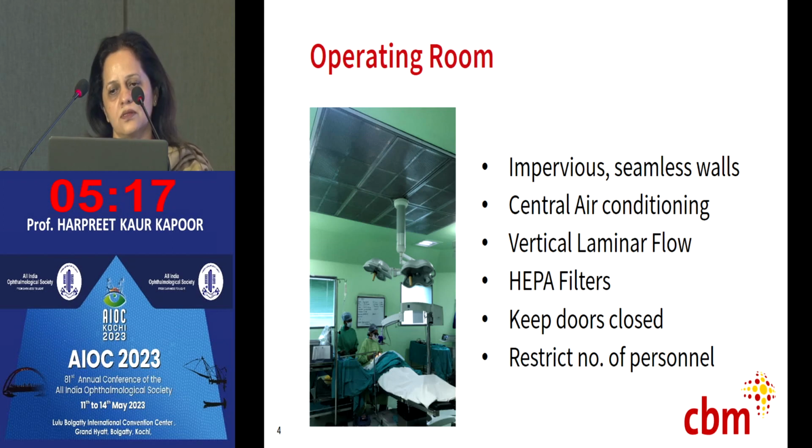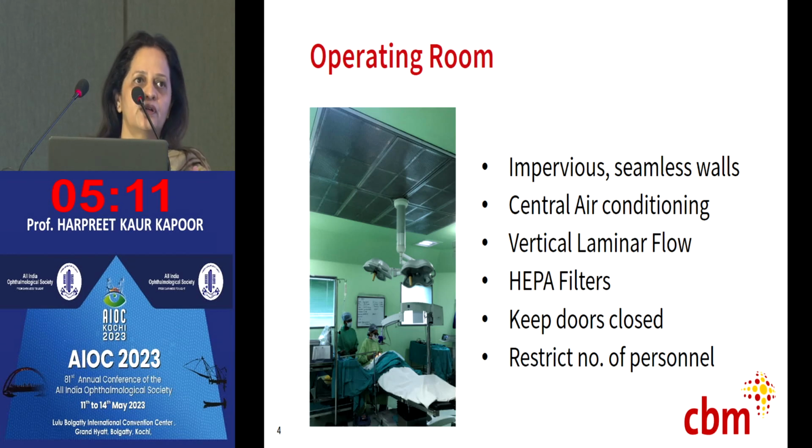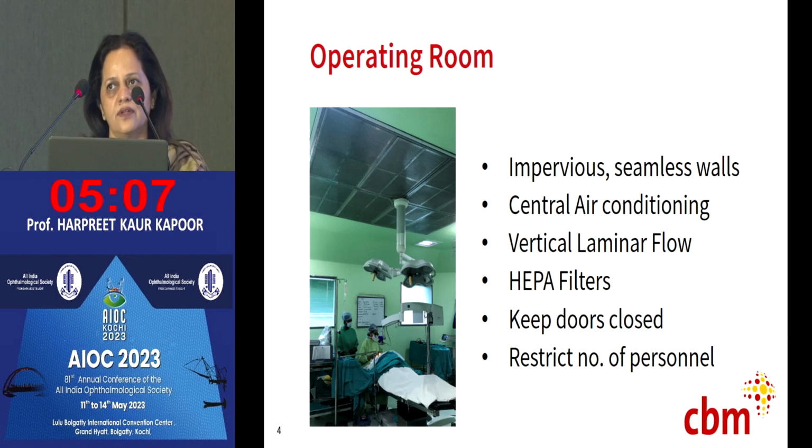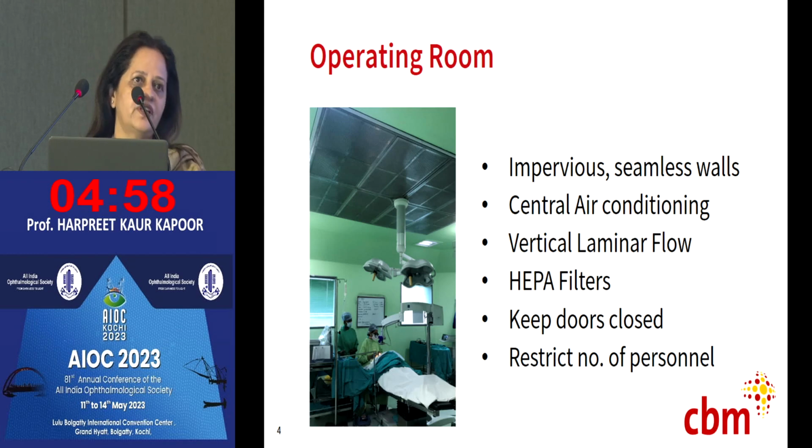And of course, all of us might not have a good setup, I would say a modular OT, or there are areas where sometimes we work in a low resource setting. In that case, at least safe practices and building a culture of safe practices amongst the staff goes a long way in preventing such outbreaks.